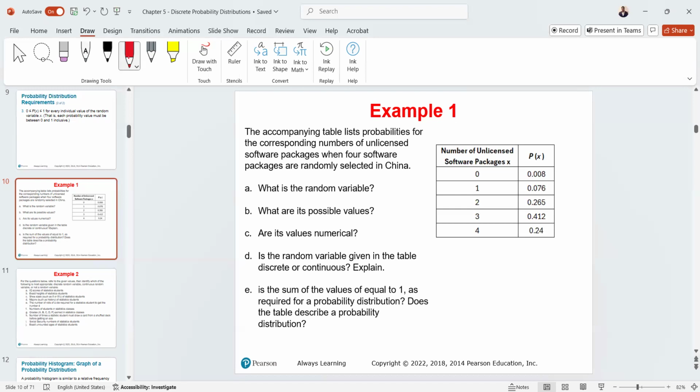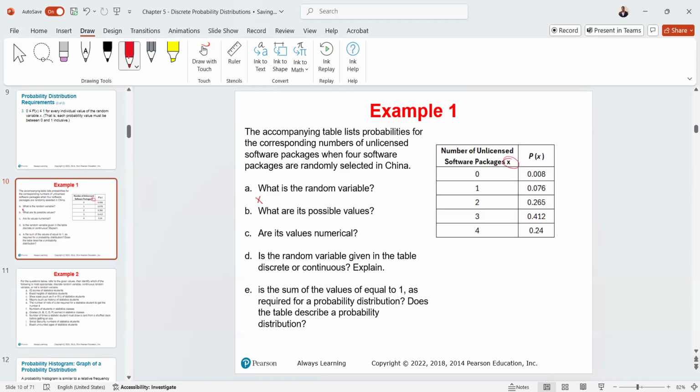The first question we can answer: what is the random variable x? The random variable x is the number of unlicensed software packages. This is x, that's the random variable.